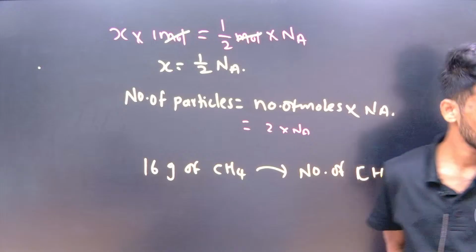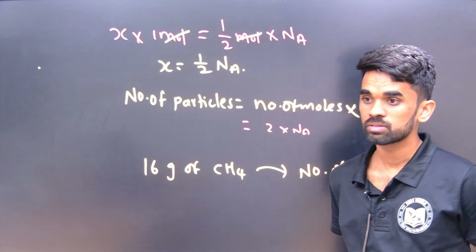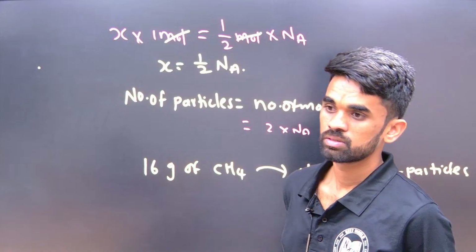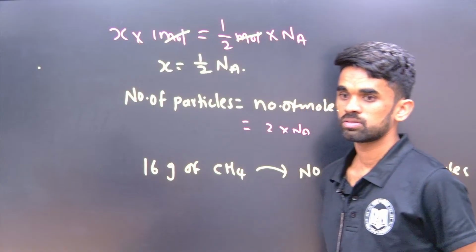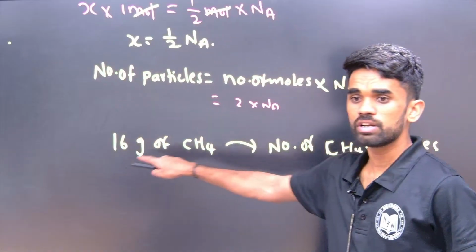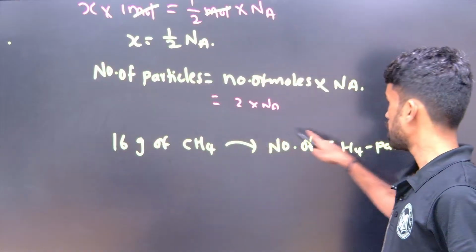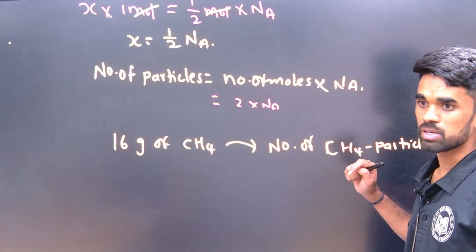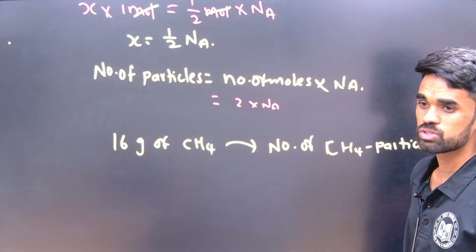So what you need to do first, convert this into number of moles, multiply with the Avogadro number. You will get the answer. Just do that.